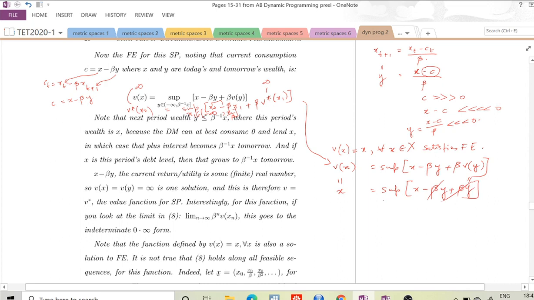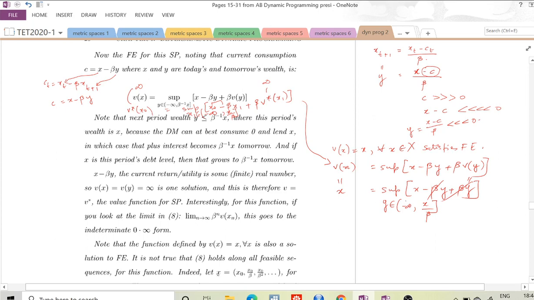These cancel out, so what y I choose doesn't really matter. For this particular V, it doesn't matter. I have an x is equal to x, right? So V of x equals x for every x is another solution to this functional equation, right?